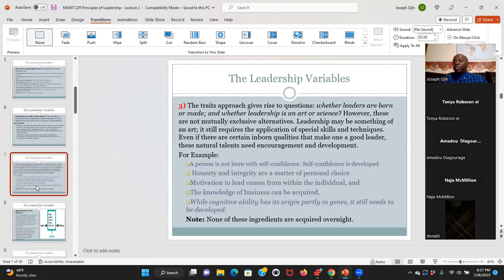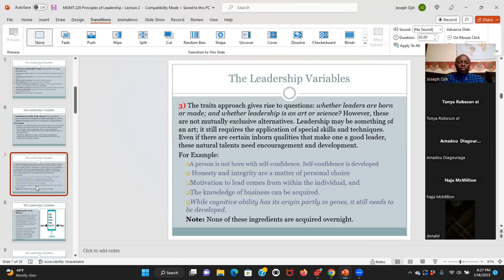Some say that one can be a natural leader, born with a natural leadership skill by the person's nature. Some say no, leaders can be made. Or someone may even argue as to whether leadership is an art or science. So the trait theory helps to analyze these questions.